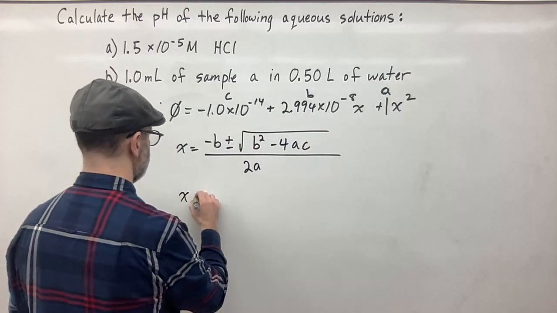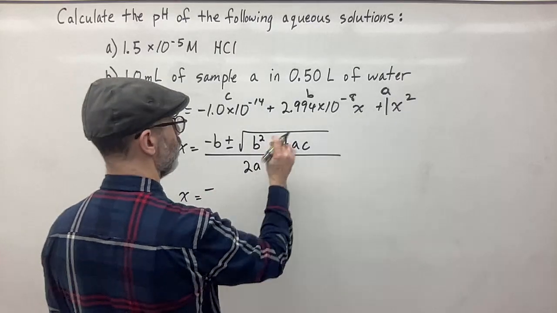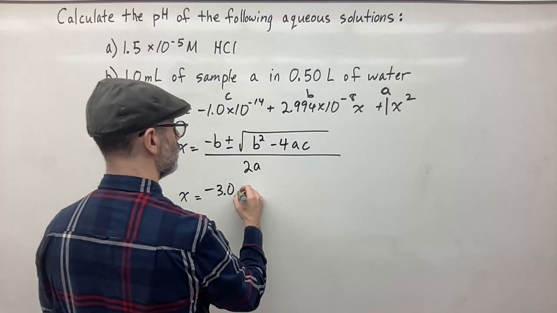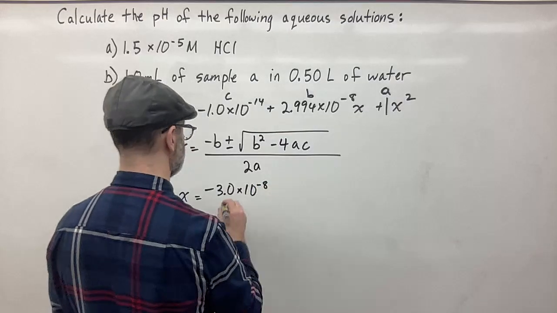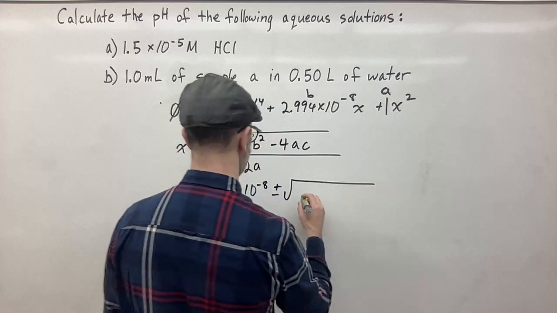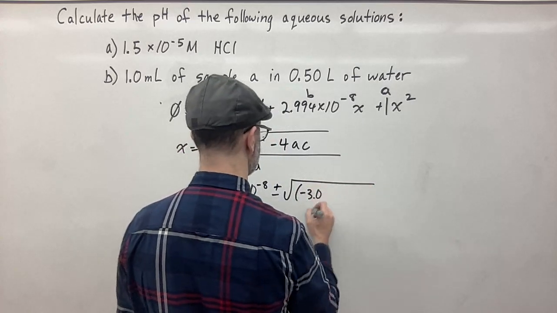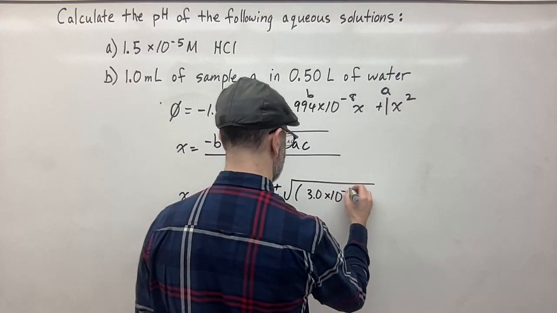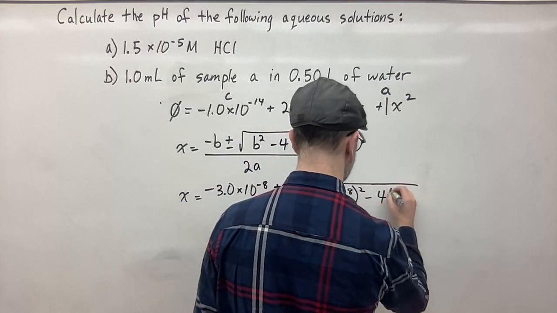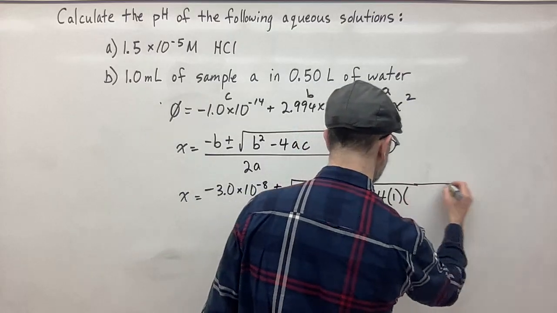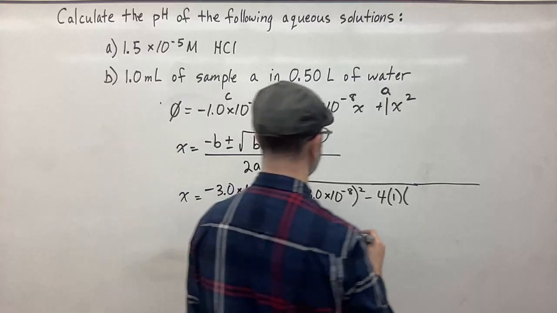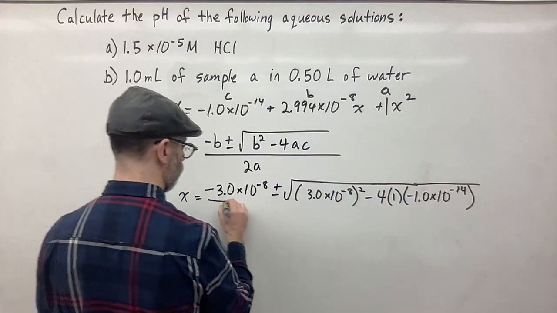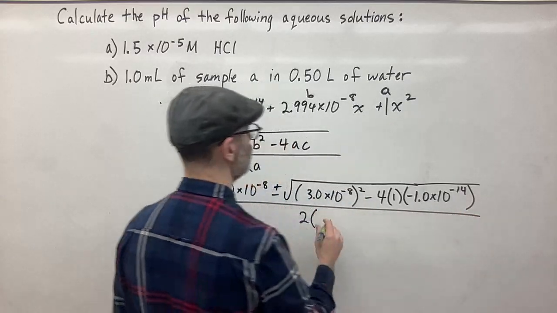So then x is going to be equal to negative, and we can round this to 3 to make it simpler, so negative 3.0 times 10 to the negative 8 plus or minus the square root of, sorry, that's going to be just positive, 3.0 times 10 to the negative 8, and that's going to be squared, minus 4 times a, which is 1, times c again, which is negative 1.0 times 10 to the negative 14, and then all of this divided by 2 times a, which is 1.